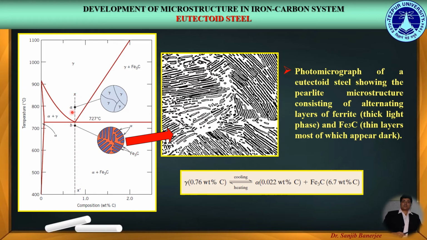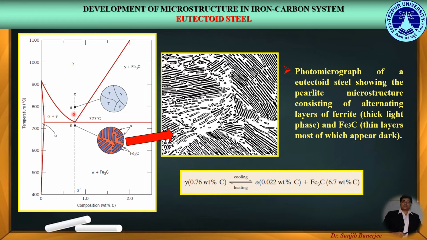Initially at point A, the alloy is composed entirely of the austenite phase, having a composition of 0.76 weight percent of carbon. So since we are in the austenite phase, we get the microstructure at point A in this particular inset, where we can see the uniform austenitic grains.